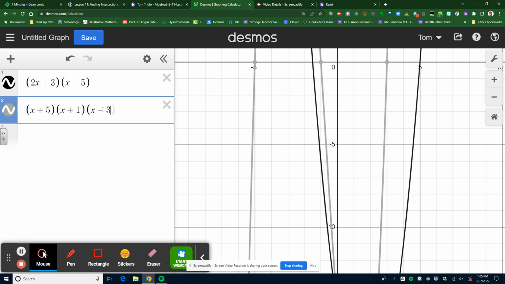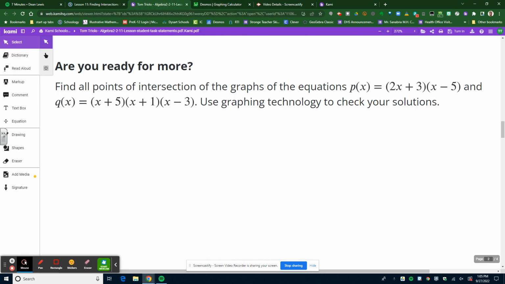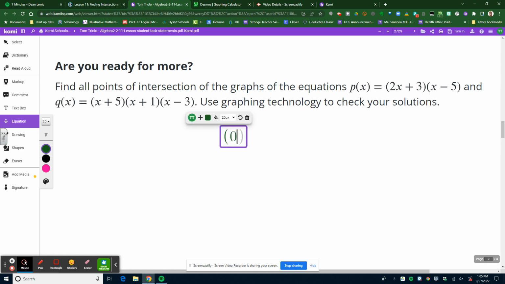Okay. So I can see already it's going to cross somewhere down here. Oh, look, the y-intercepts again. Because what's 3 times -5? -15. What's 5 times 1 times -3? -15. So that's 1 point. So 0, -15. Come on now. Parentheses 0, comma, -15, close parentheses.